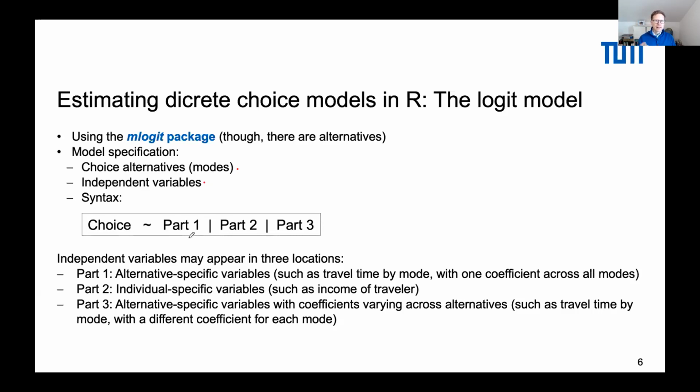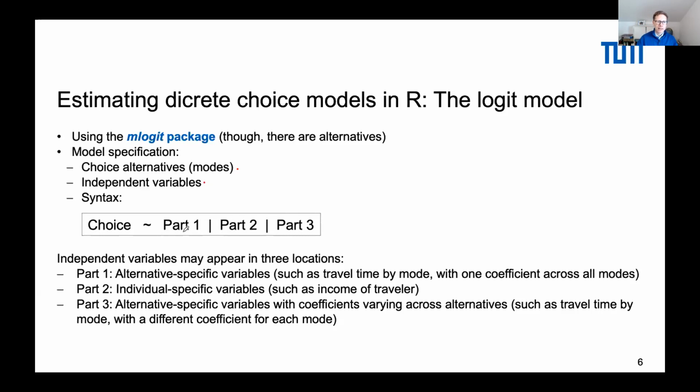Now here's one thing that gets a little bit more involved, because it's not simply a list of independent variables as it was for regression analysis, but rather there are three different parts, separated by these vertical lines. Depending on where you put the independent variable, it is treated differently.